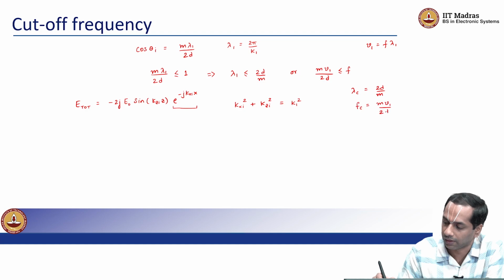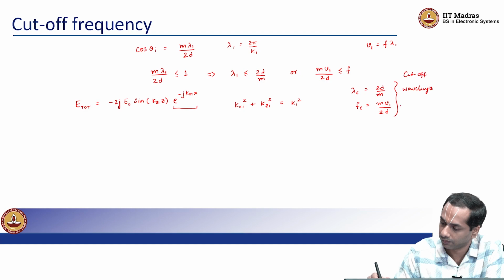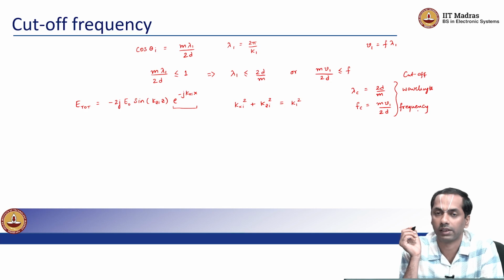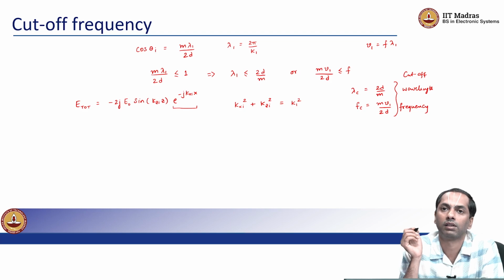So if I were to take the equalities, we can call this the cutoff, either wavelength or frequency, right. So remember that frequency and wavelength are inversely related to each other.